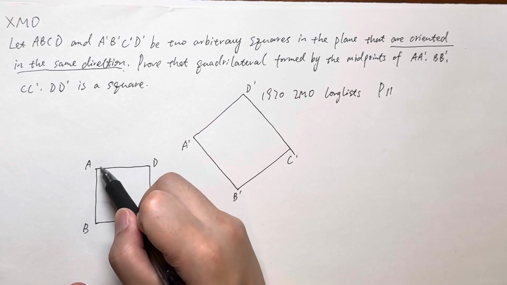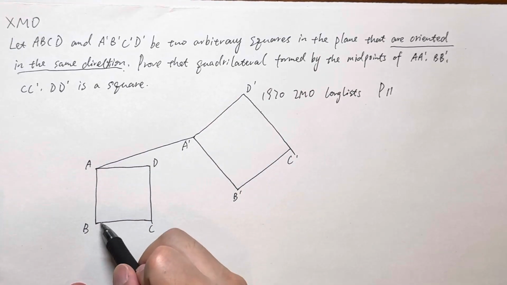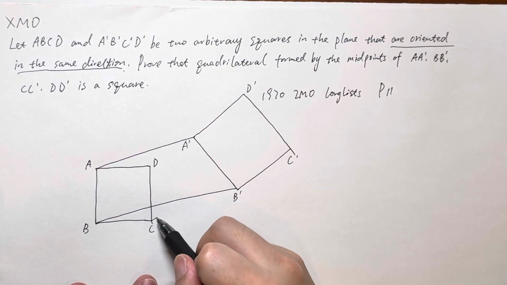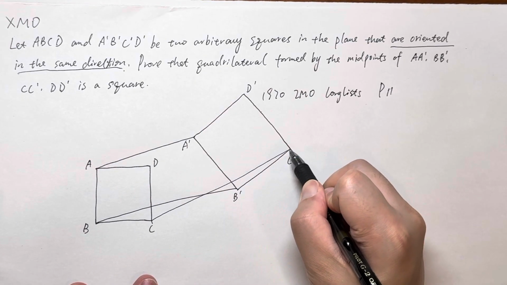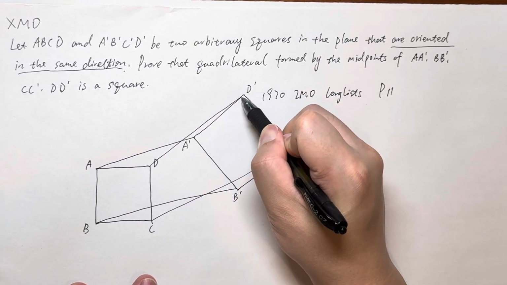So we have AA prime connected, BB prime connected, CC prime connected, and DD prime connected.